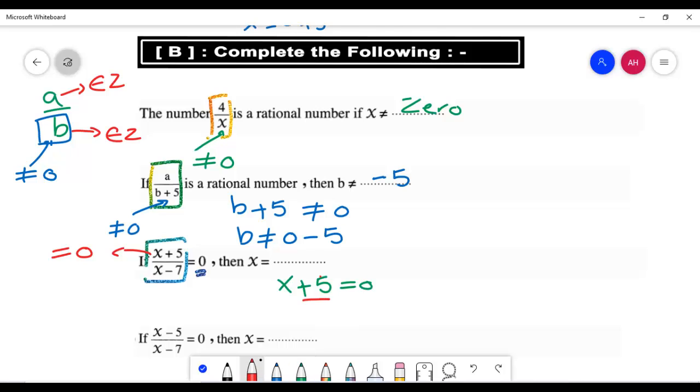I will move the 5 to the other side with the inverse. x is equal to 0 − 5. So x is equal to −5.